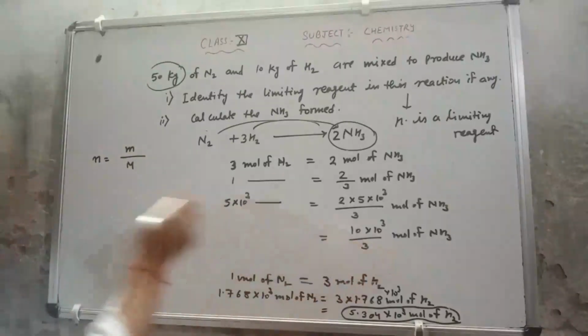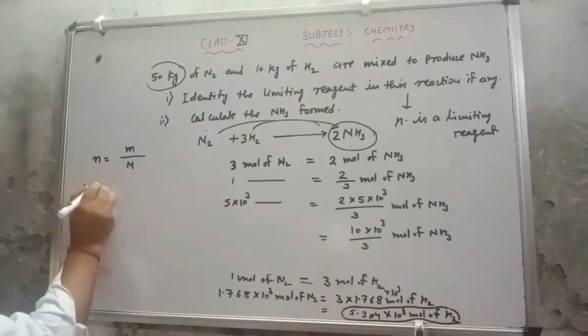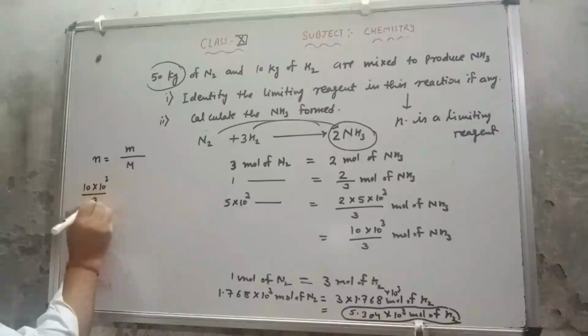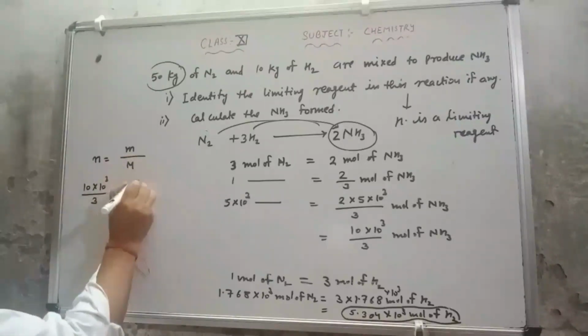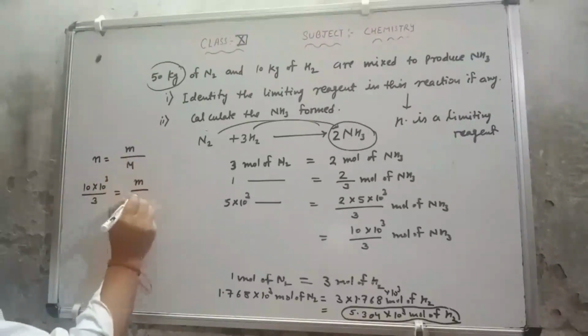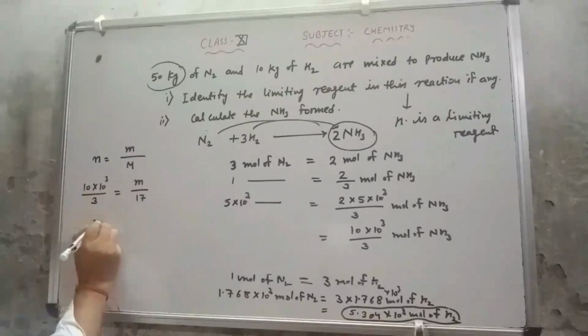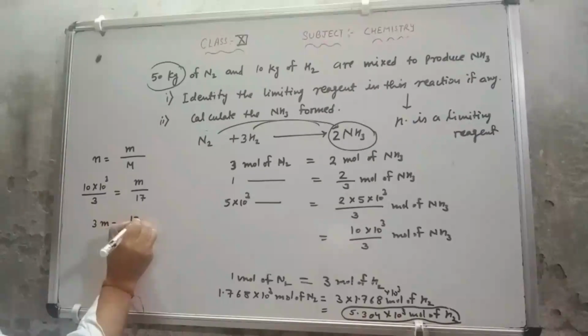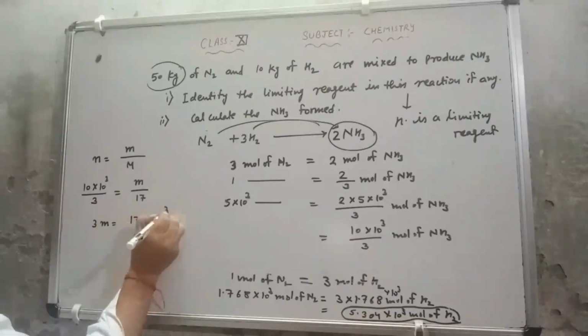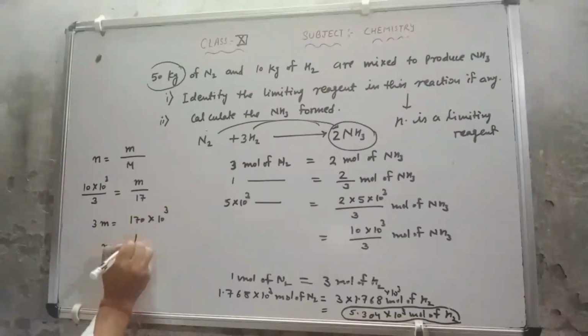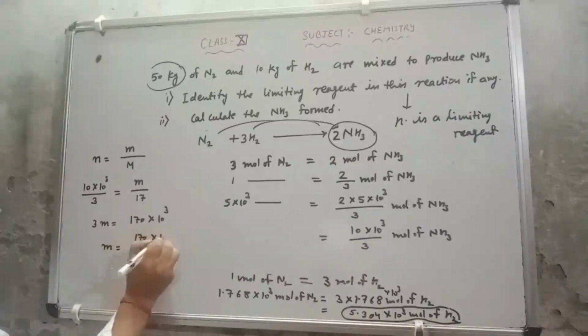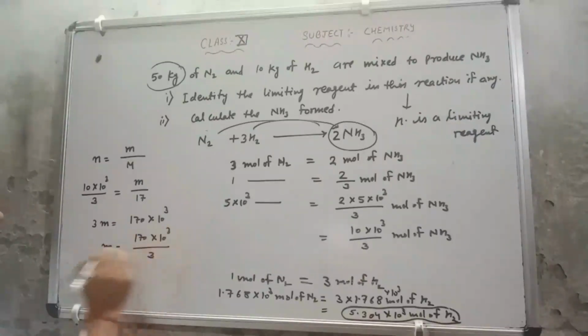So number of moles of ammonia is 10 into 10 raised to the power 3 upon 3. Mass I want to find, the molar mass of ammonia is 17. So cross multiply, 3m equals 170 into 10 raised to the power 3. So m equals 170 into 10 to the power 3 upon 3.